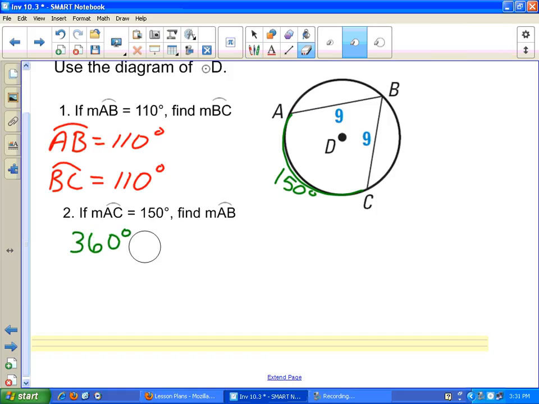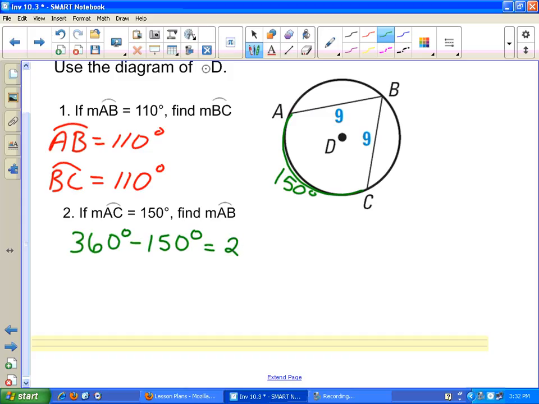Our minor arc is 150 degrees, so that gives us 210 degrees covering major arc ABC.